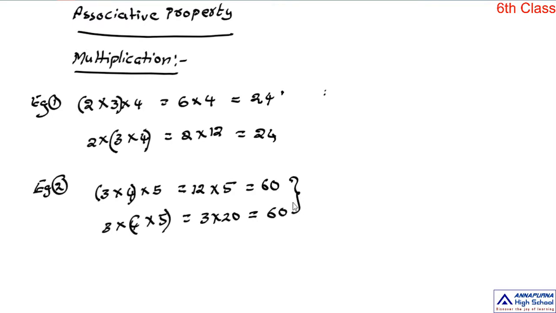Here also the results are the same. This shows that the results are the same even if we change the grouping of numbers. That's why we can say that the associative property is satisfied for whole numbers under multiplication.